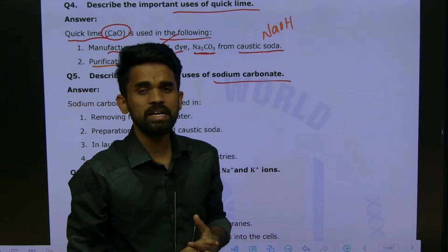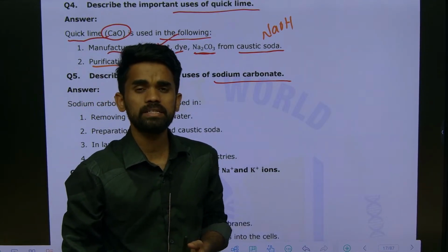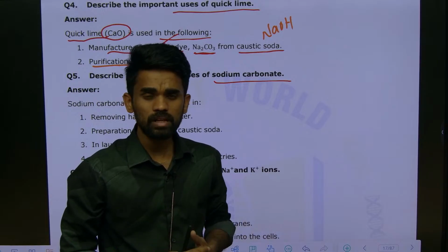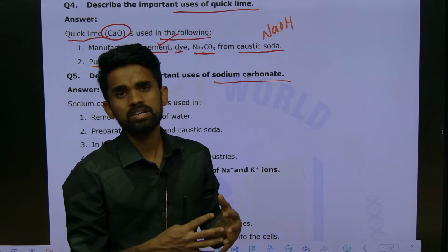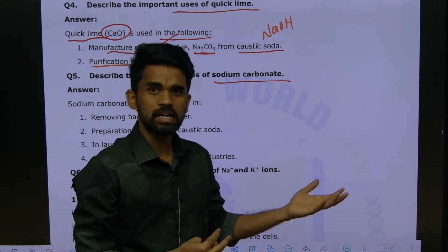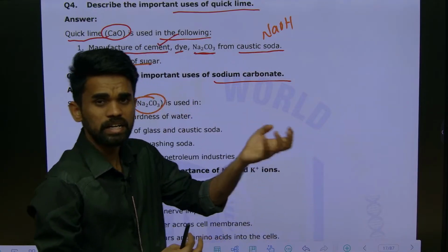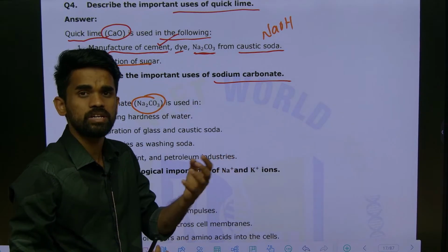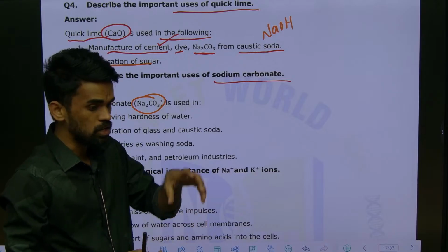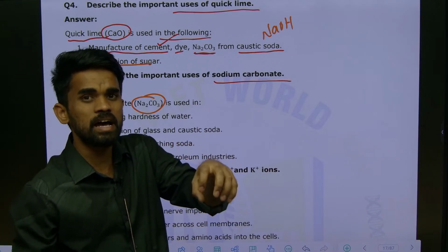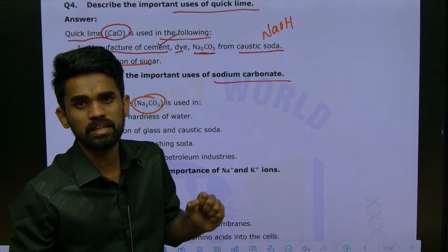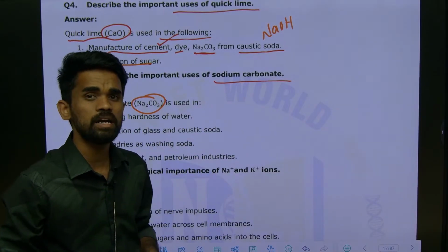Otherwise, if they are in excess quantity, what happens? It causes damage to the vessels or containers we use for storing, and it is also not good for health. So we need to remove the excess salts present in that water. What are those?